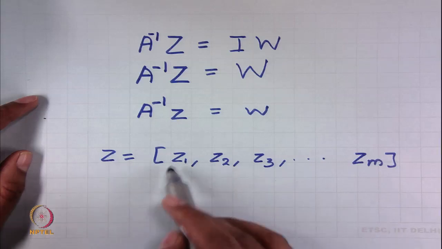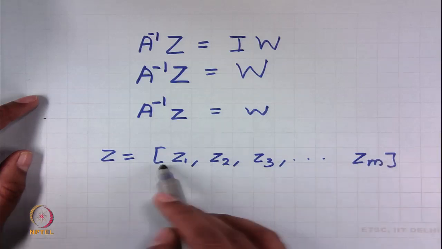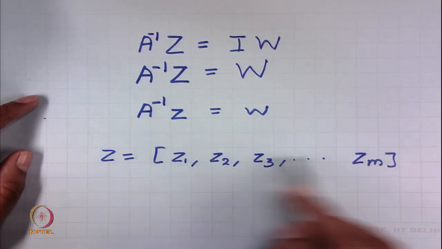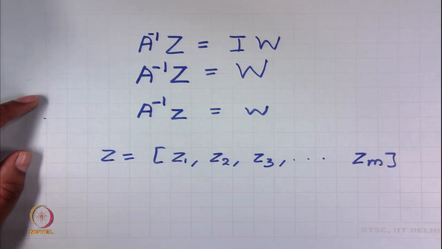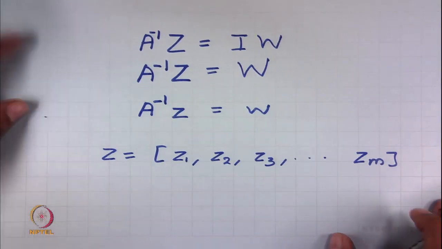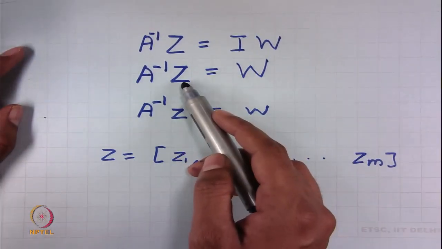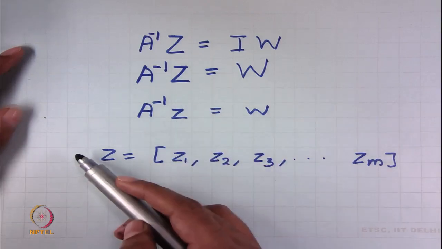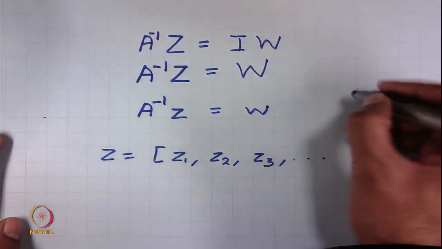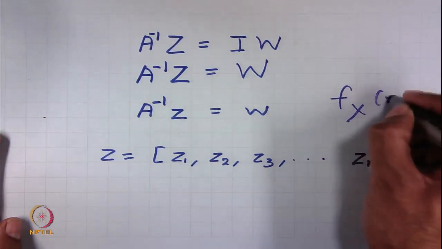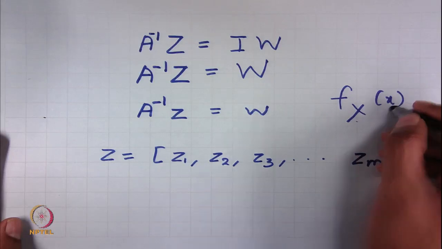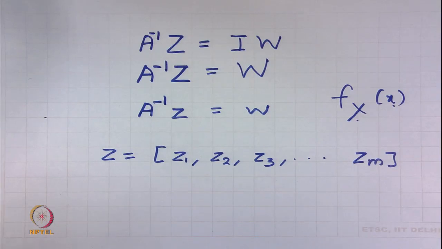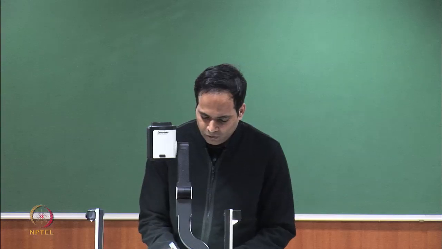So, Z1, Z2, Z3 and Zm are some numbers, and small z is also a numerical value consisting of m numbers. Okay. And this Z is a random vector. This small z is a vector which contains some numbers, right, as we have seen in the case of random variables, that X is a random variable and small x is the numerical value of that random variable.